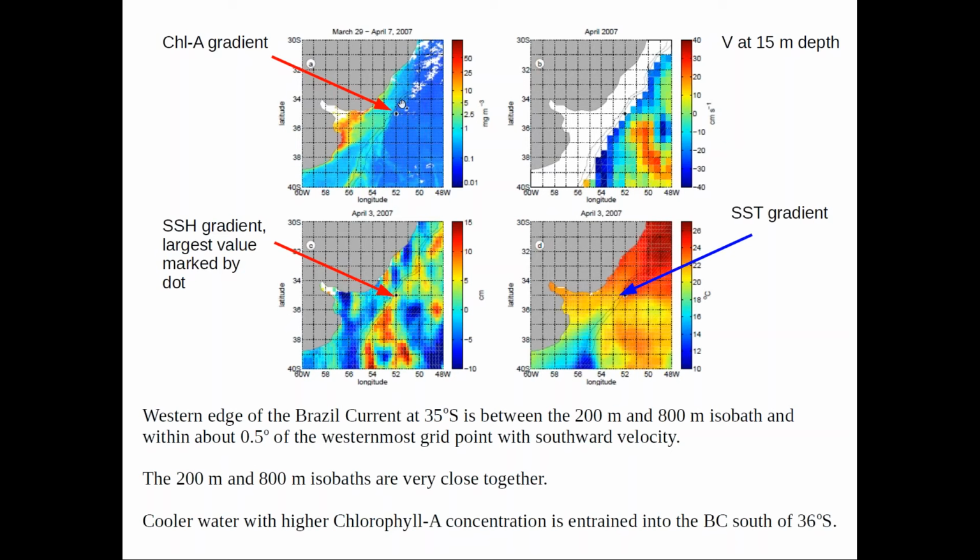And so we see a strong chlorophyll A gradient on the western side of the boundary current. Here we see the velocity from Argo at 15 meters. And here we see the sea surface temperature gradient, which is also strong. It's a little bit to the west of the Brazil current. So yeah, and the onshore component we can't measure with Argo.